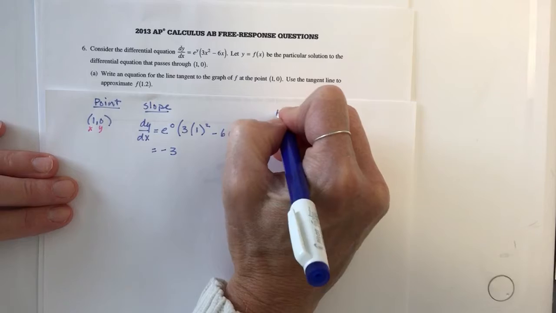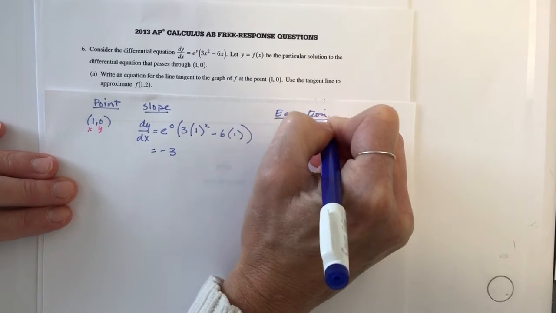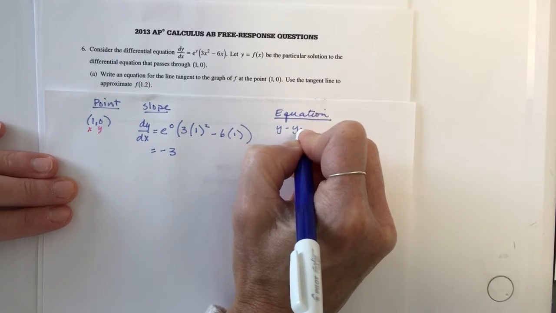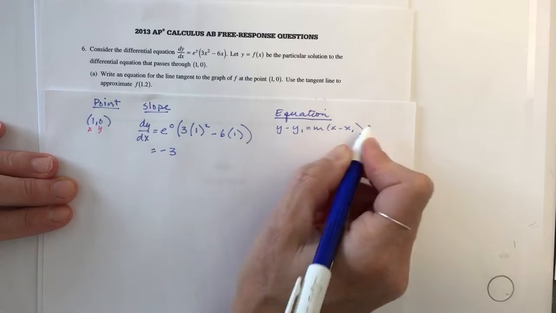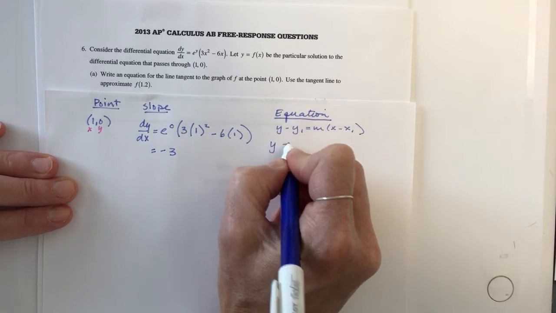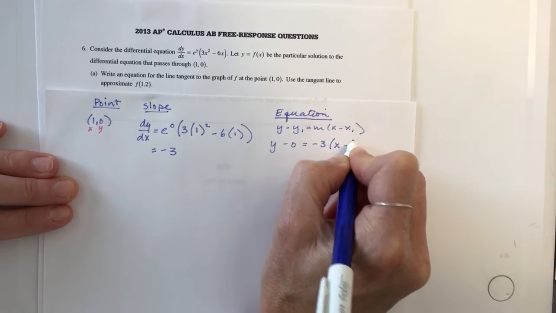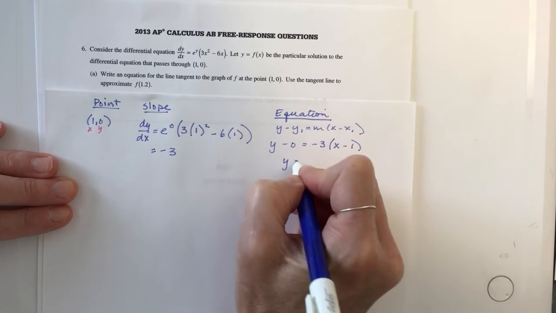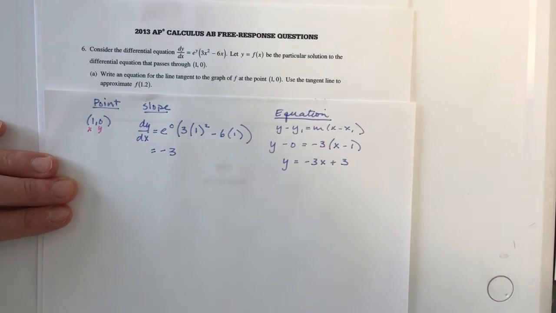Okay, so then we write our equation, y minus y1 equals m times x minus x1, right? You remember that. And we just plug everything in. So y minus 0 is equal to negative 3 times (x minus 1). And we can simplify this a little bit, negative 3x plus 3 if you want.